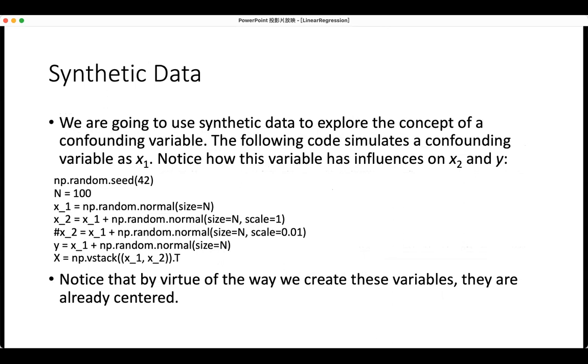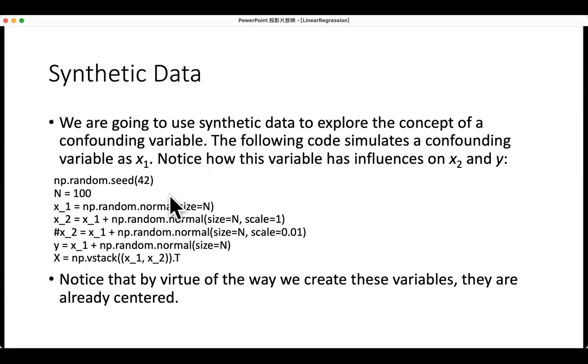Okay, again, let's try to synthesize a data set to explore the concept of a confounding variable. This piece of code simulates a confounding variable as x1. So x1 will influence both x2 and y.